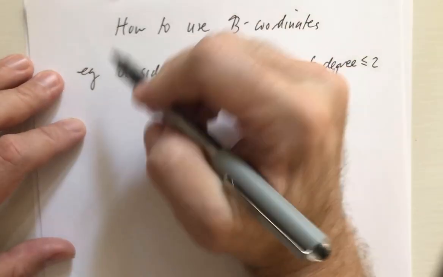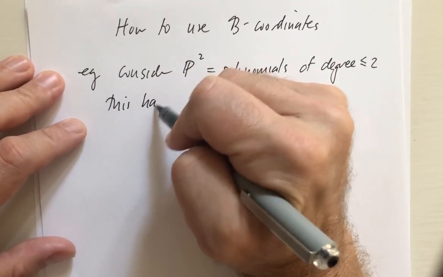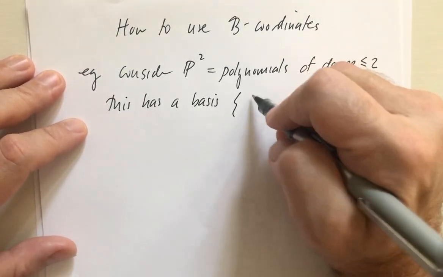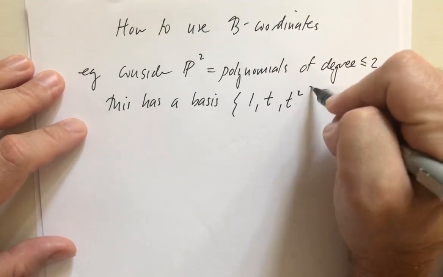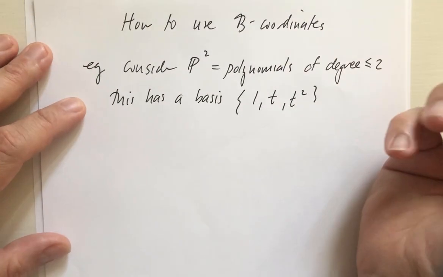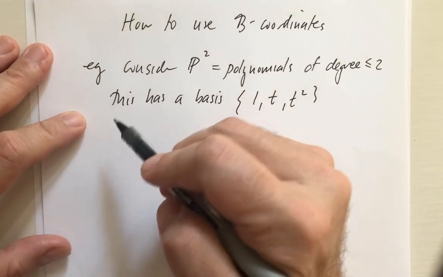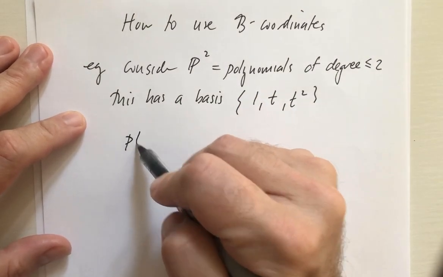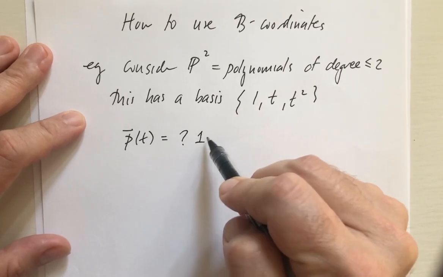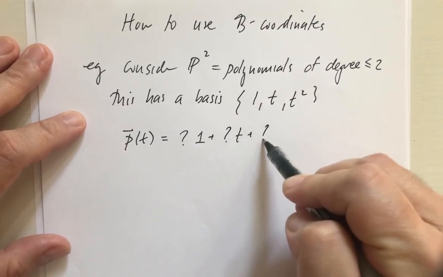And now this has a basis. P2 has a basis given by, so these will be polynomials, I claim 1, t, and t squared, right? Why is this a basis? Because, of course, if I take any polynomial of degree at most 2, I can write that as something times 1 plus something times t plus something times t squared.